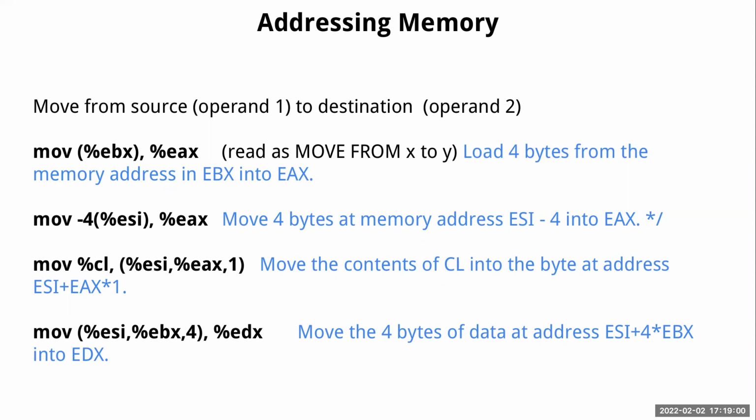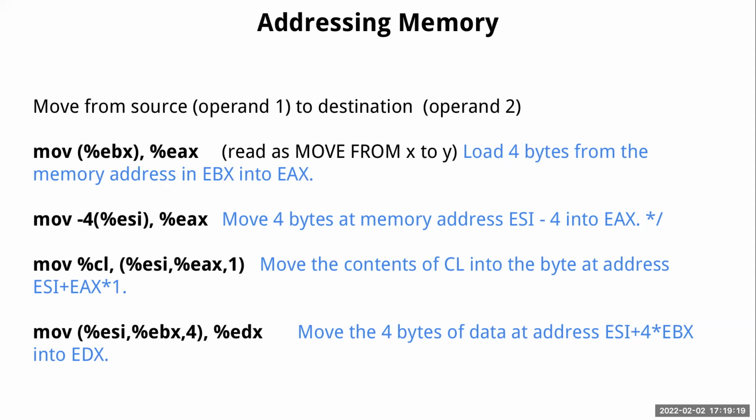So this instruction here reads as move from the first operand to the second operand. And the first operand here has the round brackets. This is the memory location. The memory location is specified in EBX.